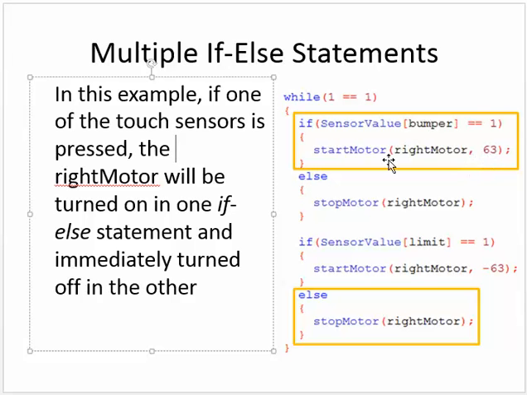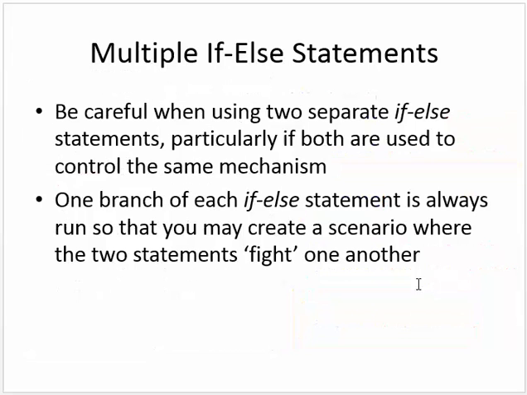And then down here, else, stop the motor. So basically, if the bumper is not pressed, then down here you're going to stop the motor. You're fighting yourself here at all times, with these two parts right here.